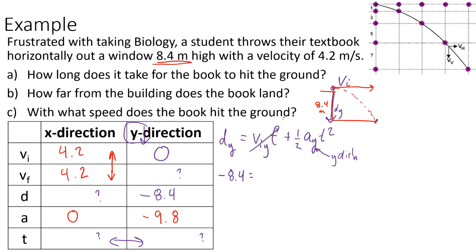Initial velocity times time. Well, initial velocity is 0, so that term goes away, and then we're left with 1/2 times a in the y direction times t squared. Okay, and we can solve for t. T squared is going to be 1.714, where time is going to be 1.309 seconds.